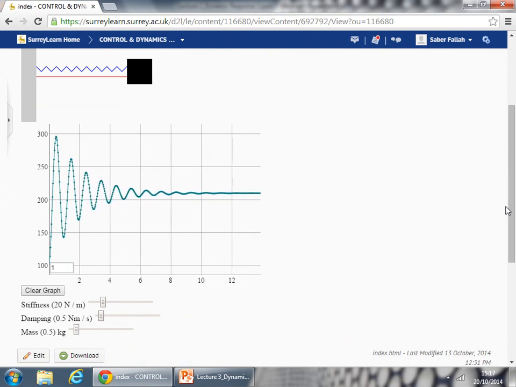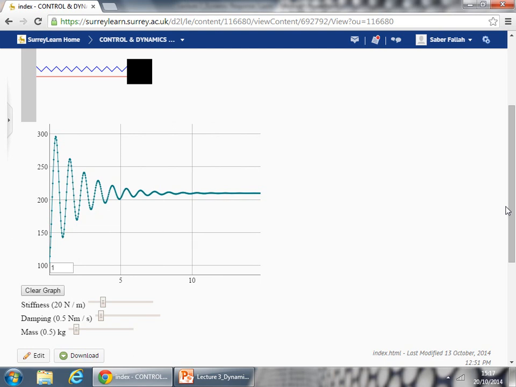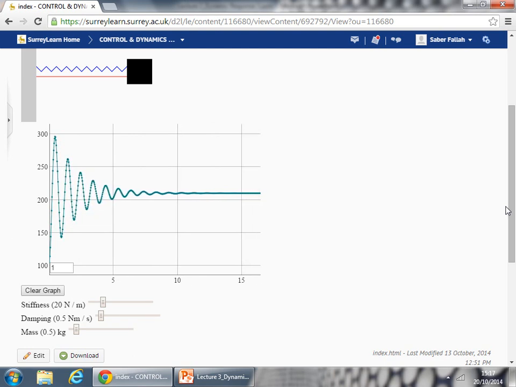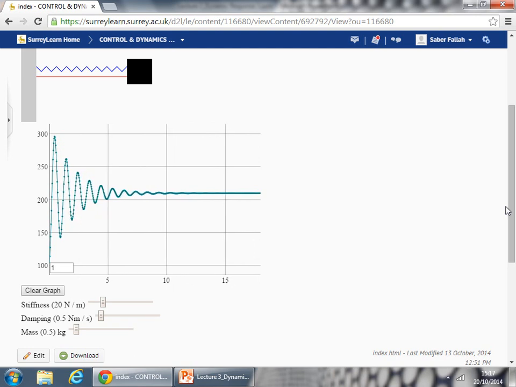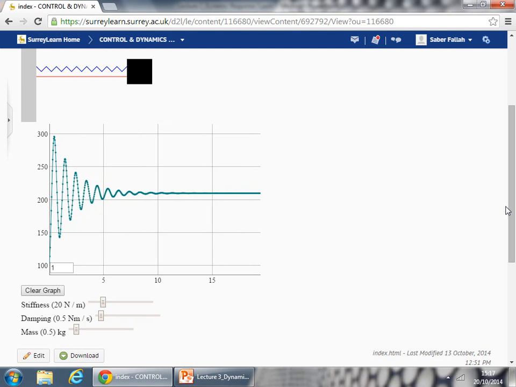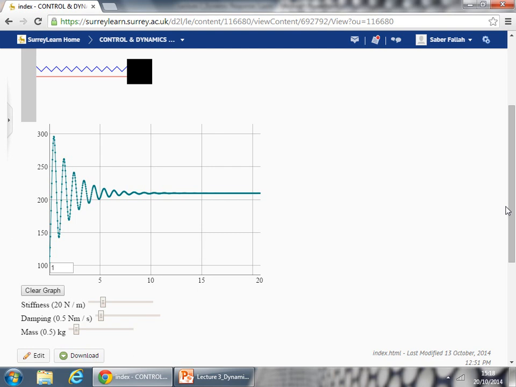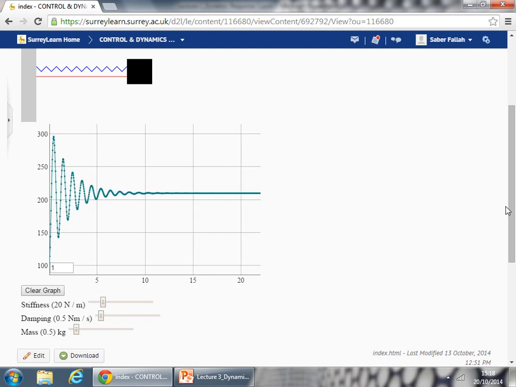Let's give it an example. This is the default system. Let's keep mass and stiffness constant, which means we keep omega n constant. And let's play just with damping. If I increase the damping coefficient, it means I'm increasing the damping ratio of the system. Correct? Because it was B over 2 root Km. For the first system, for the damping coefficient 0.5 Newton meter per second, I have this ratio.